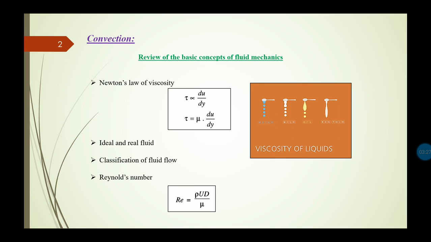Earlier, at school level, we studied that the molecules of a solid are more closely packed together than those of a fluid. That means the attractive forces between the molecules of a solid are so large that the solid tends to retain its original shape. However, fluids cannot retain their shape because the attractive forces between the molecules of the fluid are smaller. That is familiar to us.